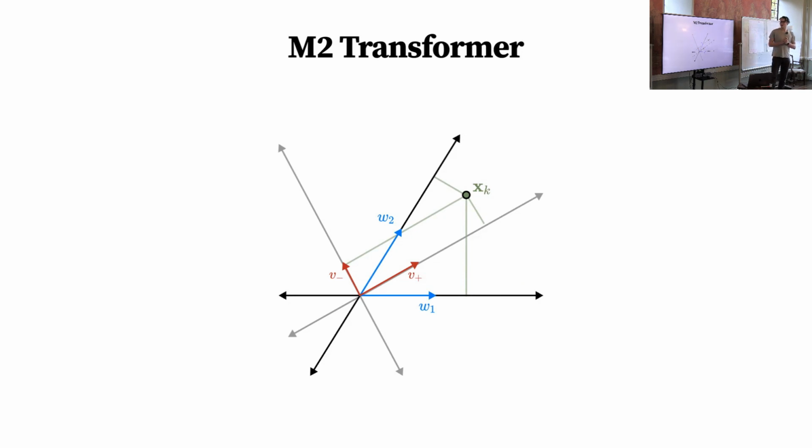Okay, so M2, what is it trying to do? What I've plotted here is 2 weight vectors. The 2 weight vectors span a plane, a 2-dimensional subspace of this 4-dimensional input space. We only care about the projection of x onto this plane.